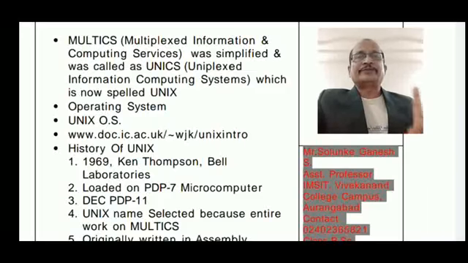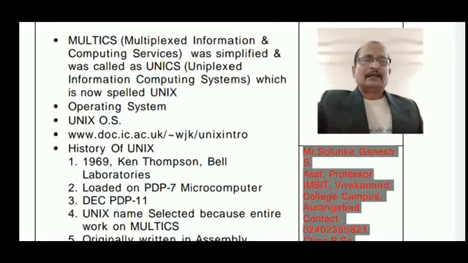The name of the website is www.ic.ac.uk/wjk/Unix intro. This is the website, and here all the theoretical notes are available.